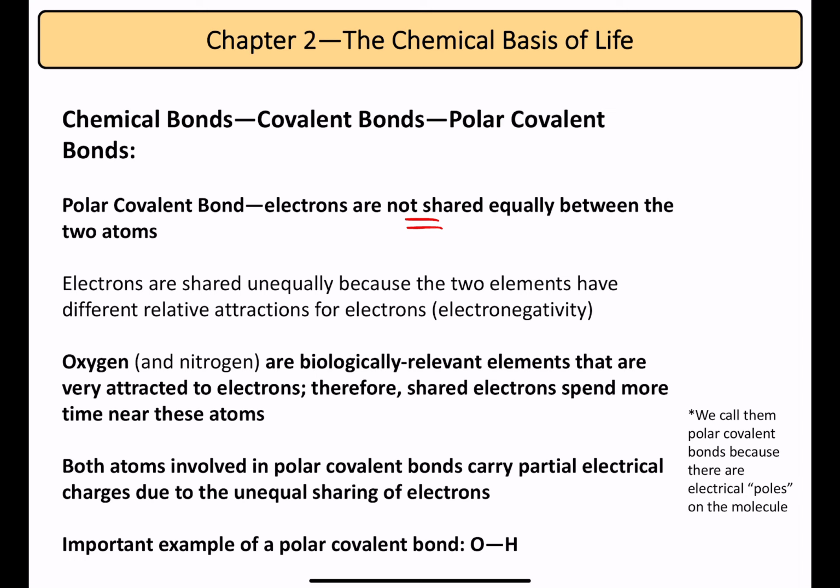That'll explain so much in these first few chapters. So when oxygen is sharing a pair of electrons with another atom, oxygen, in a sense, is going to hog those electrons because it's stronger. And because of that, those shared electrons are going to spend more time near the oxygen atom.